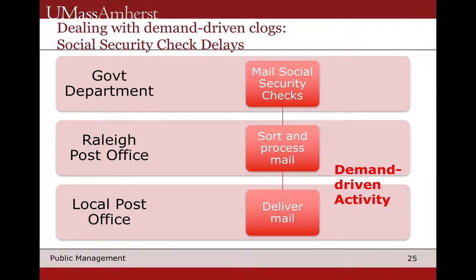Mail would go to the Raleigh post office. They would then sort and process the mail, and the local post office would deliver the mail. Of course, if you've got all the Social Security checks going out on the same day, that means there's a sudden surge in demand on both the Raleigh post office and the local post offices, and often they couldn't cope.